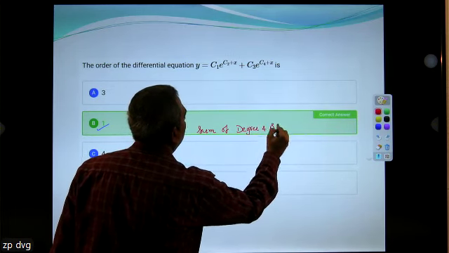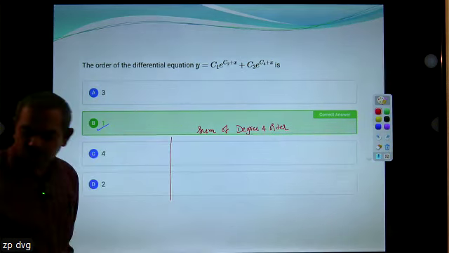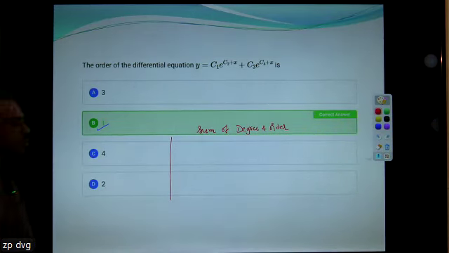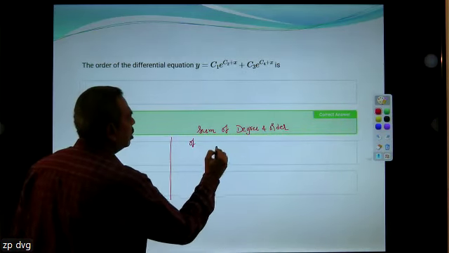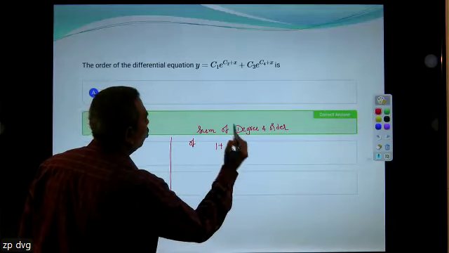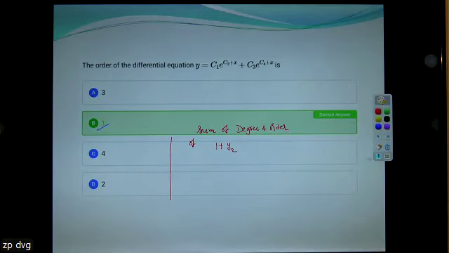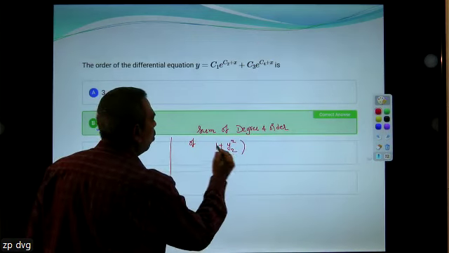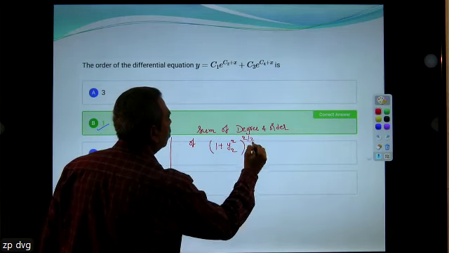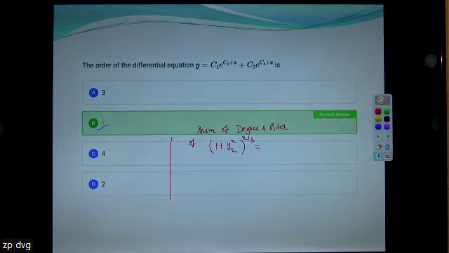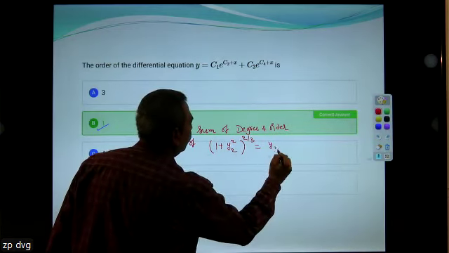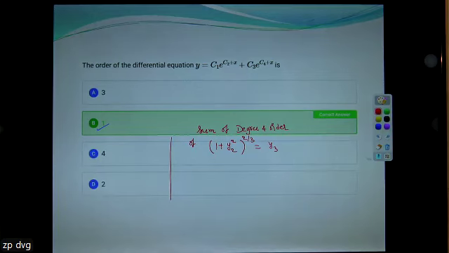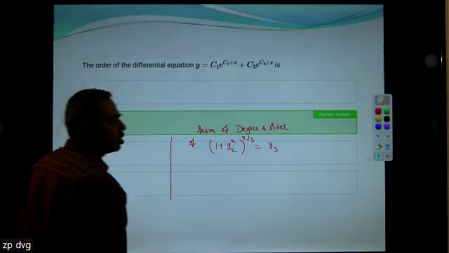The differential equation is given like this: 1 plus y2 square, whole to the power 2 by 3, is equal to y3. So 1 plus y2 square whole power 2 by 3 is equal to y3.